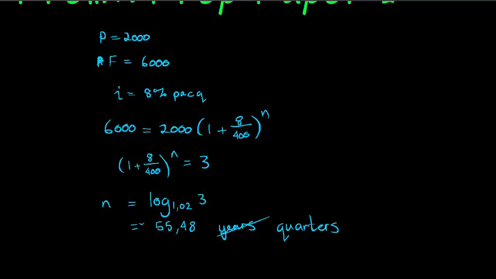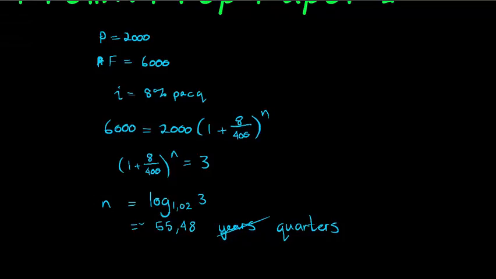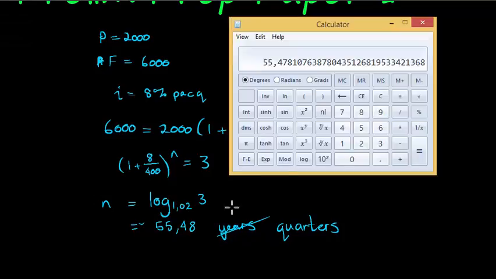Okay, but the question asks after how many years? So I have to answer in years. So 55 quarters, do I multiply it by 4? No, I don't multiply it by 4. How is it possible? Quarters are smaller than years, so I can't multiply quarters to get years.